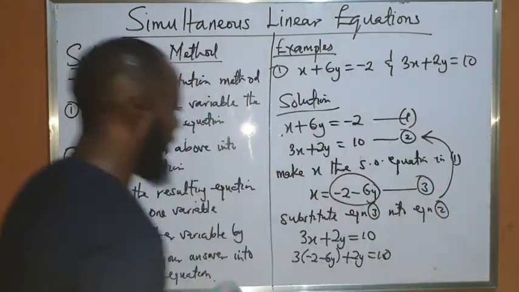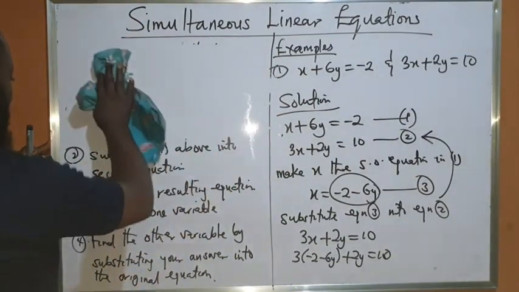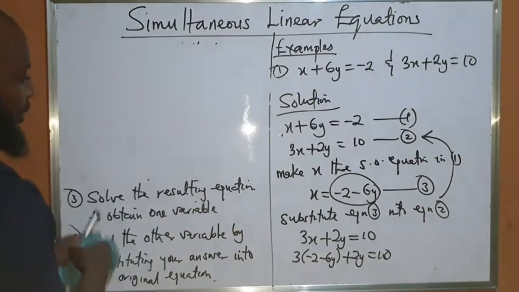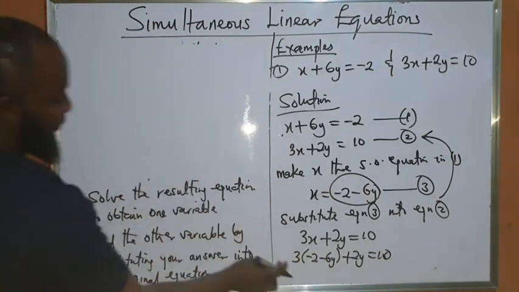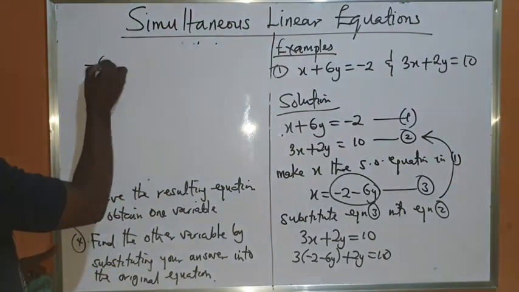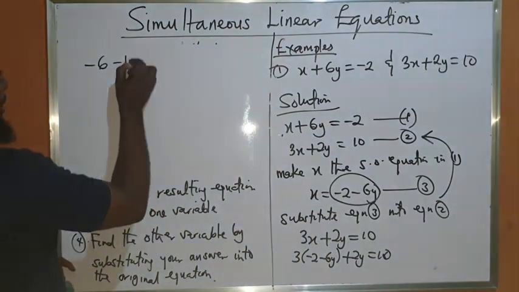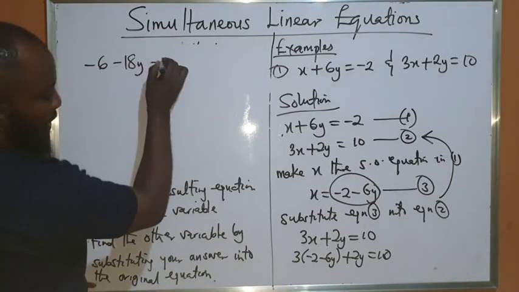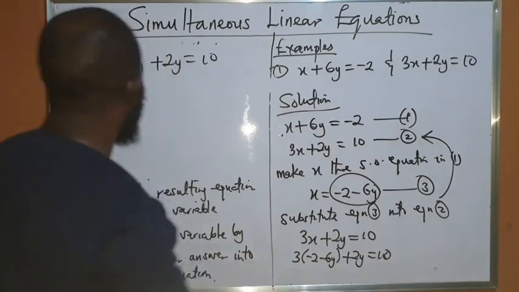Now we can follow it. We open the bracket: 3 times minus 2 gives minus 6, and 3 times minus 6y gives minus 18y, plus 2y equals 10. From here we solve.